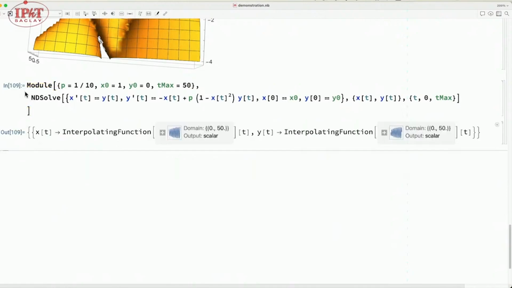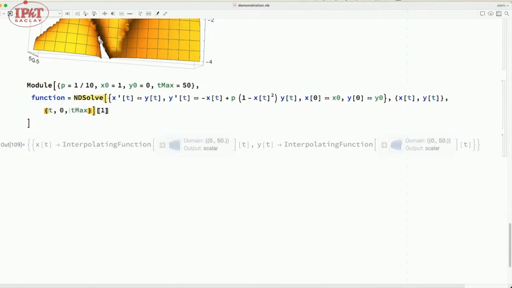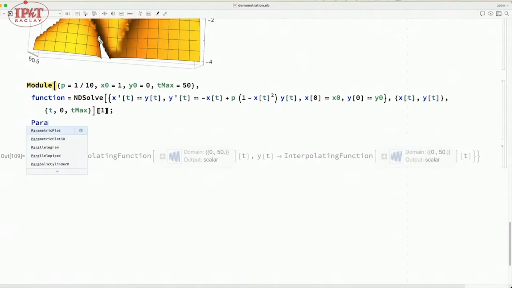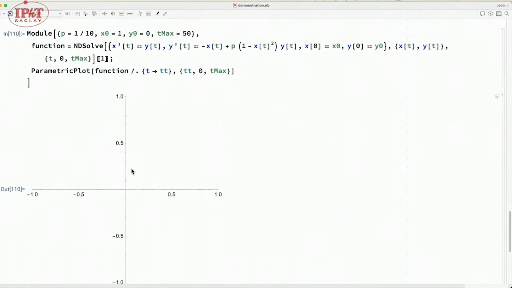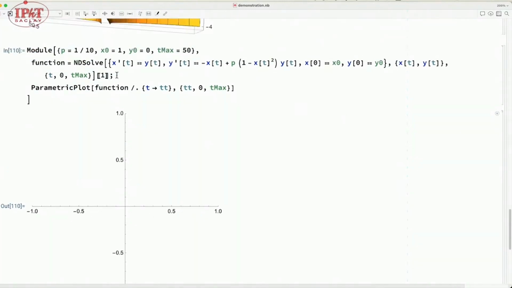Okay, that looks better. So do I need to now take the first element of the list, define a function, and now I can maybe do a parametric plot. This function. The function is a replacement of x. Oh, right. Yeah.